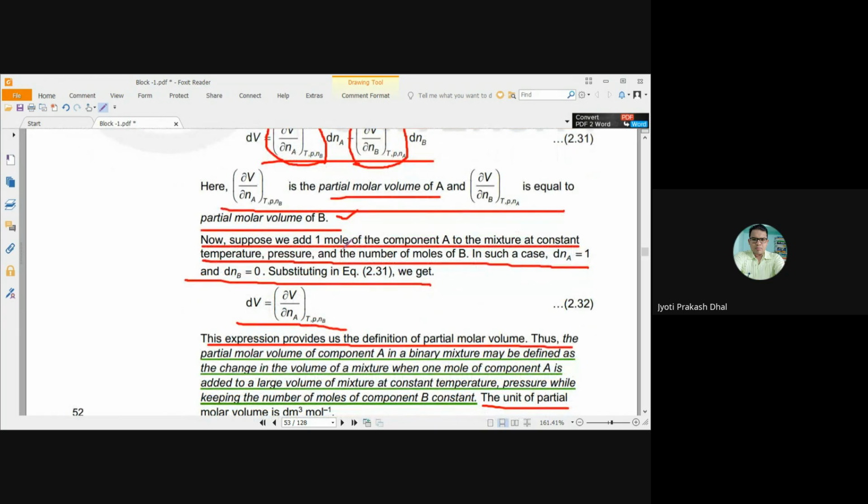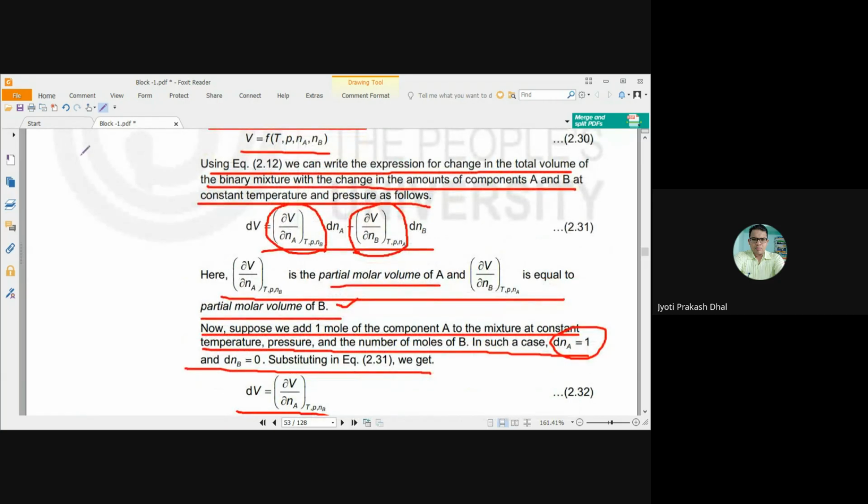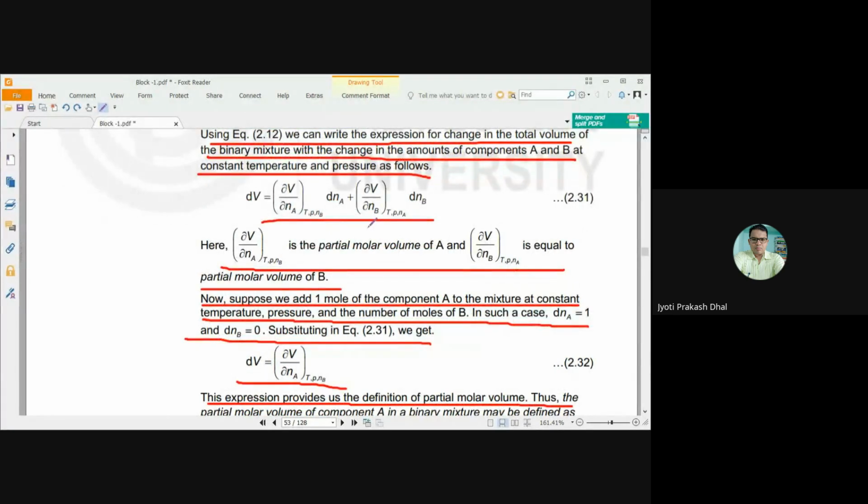Now suppose we add 1 mole of component A to the mixture at constant temperature and pressure, maintaining the number of moles of B constant. In such a case, dn_A equals 1 and dn_B equals 0, because B is maintained constant, so the second term will become 0.